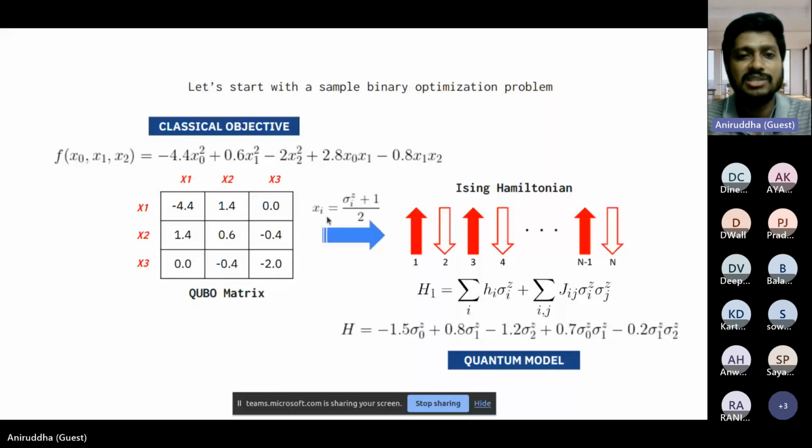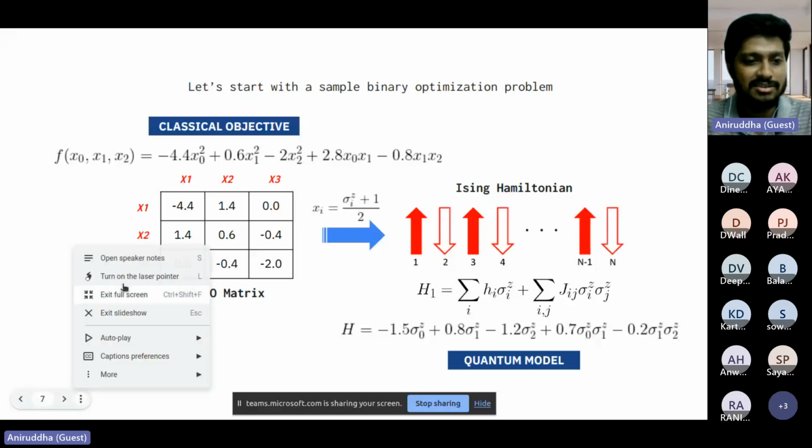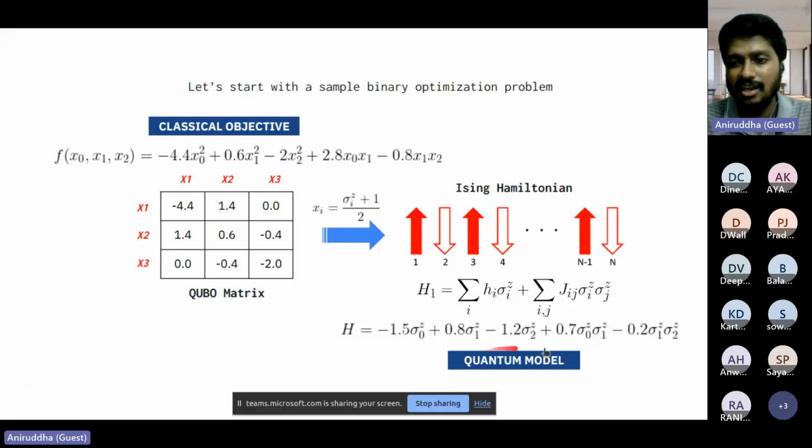Here you have x0, x1, and x2. For each, you replace it with sigma 0 plus 1 by 2, sigma 1 plus 1 by 2, and sigma 2 plus 1 by 2. If you do that, you end up with the expression on this line.